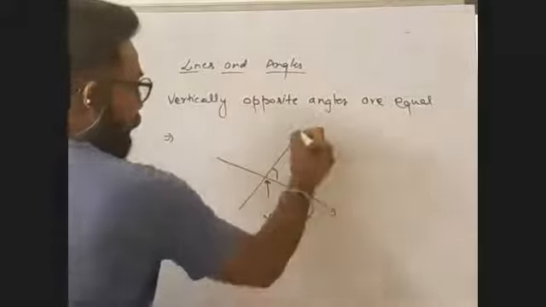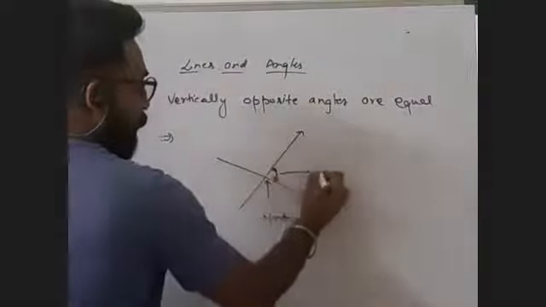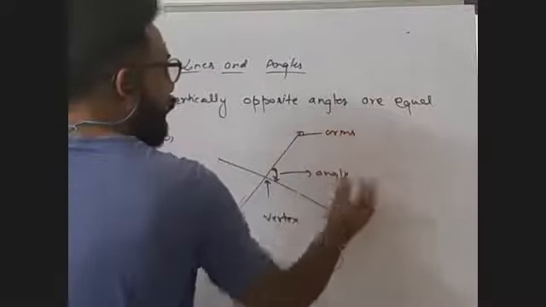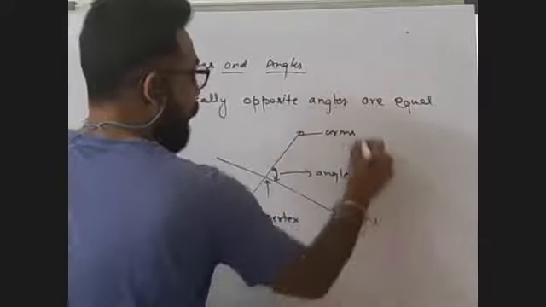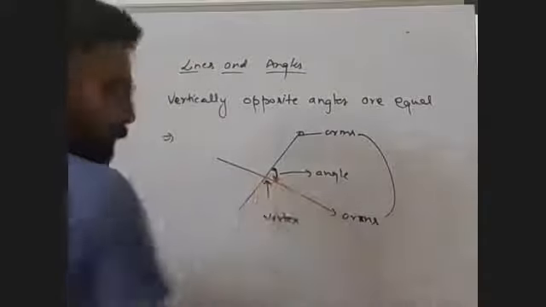These are known as the arms of the angle, and this portion is known as the angle. This is the angle, this is the arm of the angle, right? And this is the vertex.